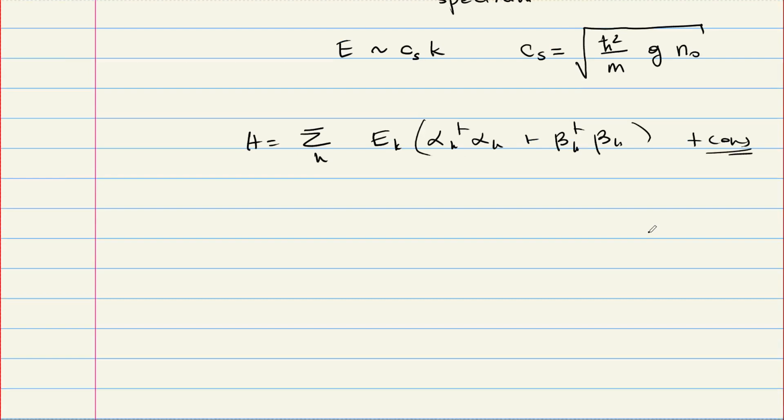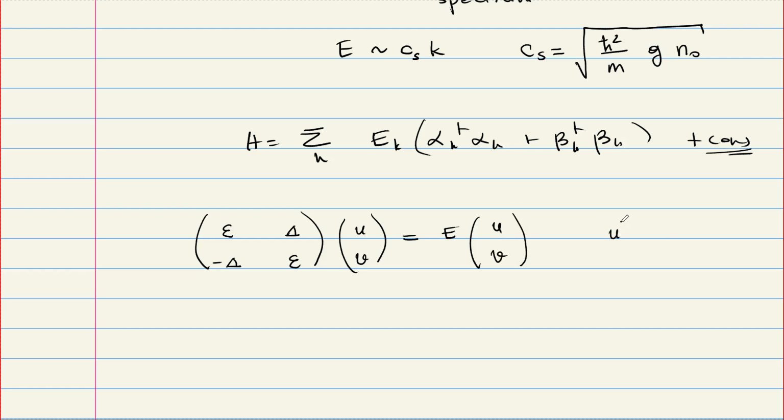So the way I'll do it is, we have this eigenvalue equation, the matrix epsilon, delta, minus delta, minus epsilon acting on (u, v) is equal to this energy times (u, v), and the condition for us was u squared minus v squared is equal to 1.